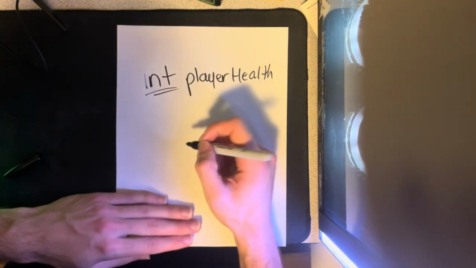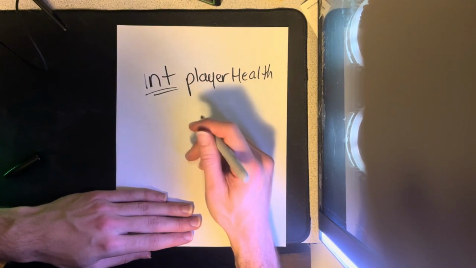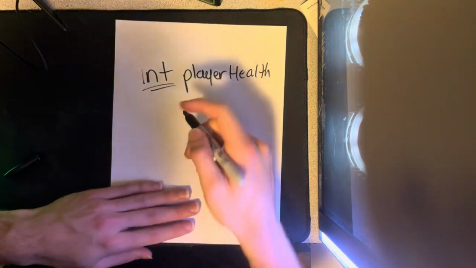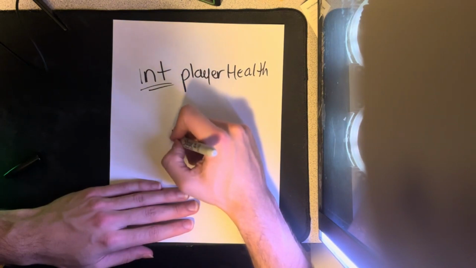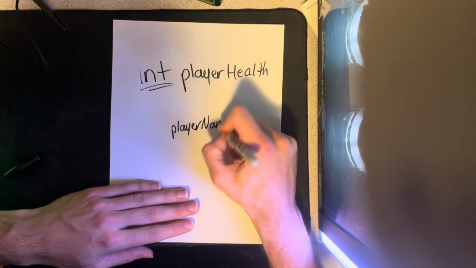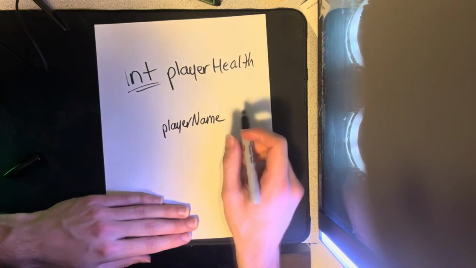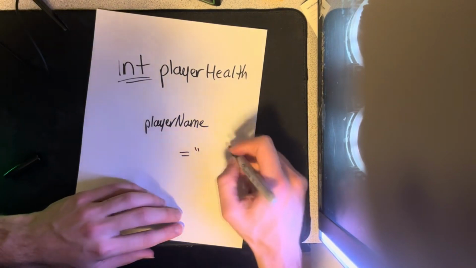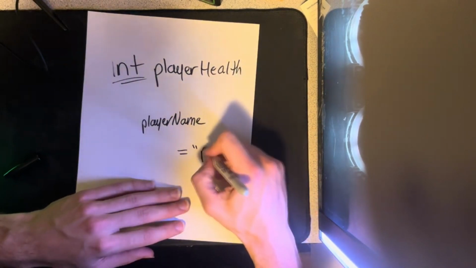Another type of variable you might want to make is words. So for example, player name. That's a common one. Player name equals whatever your character name is. I don't know, Bob.